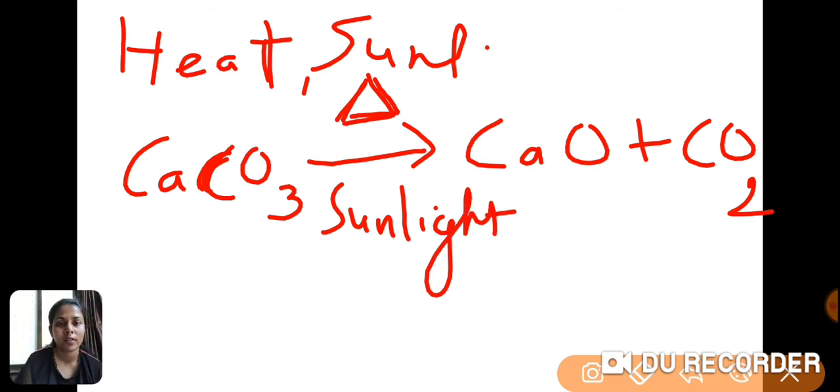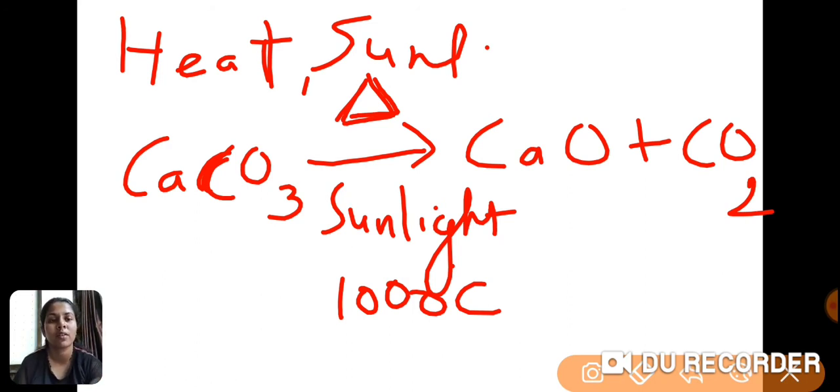If this reaction is happening under some pressure or some temperature, like 1000 degrees Celsius, we will write here 1000 degrees Celsius. So whatever may be the condition, we will represent it above or under the arrow. So this is the first.